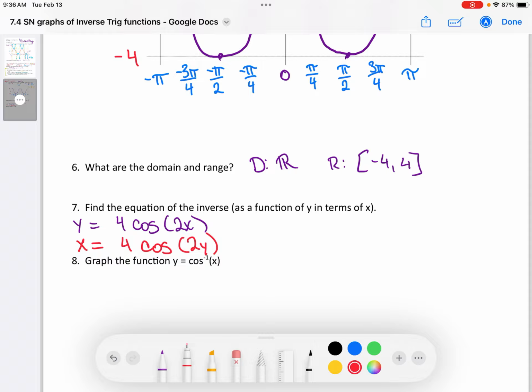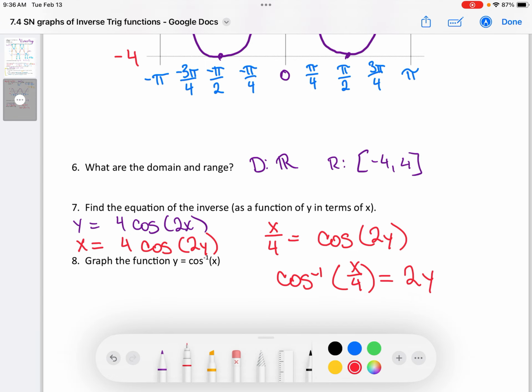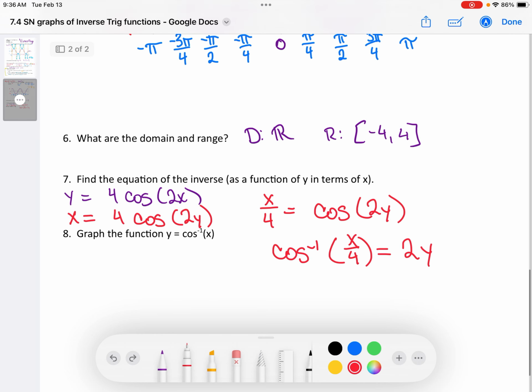We need to undo and solve for y. We need to divide off that 4. So x over 4 will equal cosine of 2y. Now we need to do inverse cosine on both sides. Cosine inverse of x over 4 equals 2y.